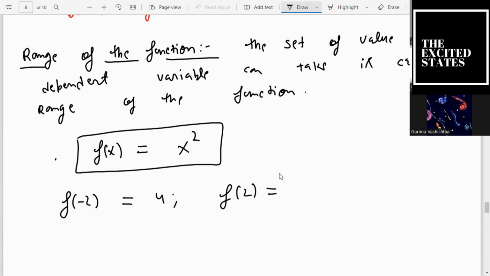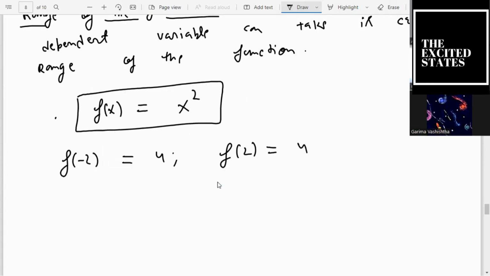For any value of x, can you take x square as negative? What is the value of f of 0? 0. Correct. So can f of x ever be negative for any value of x? I think it's not, because it is a square function and a square function can never take a negative value.